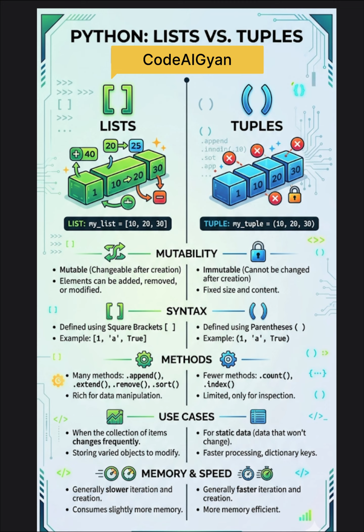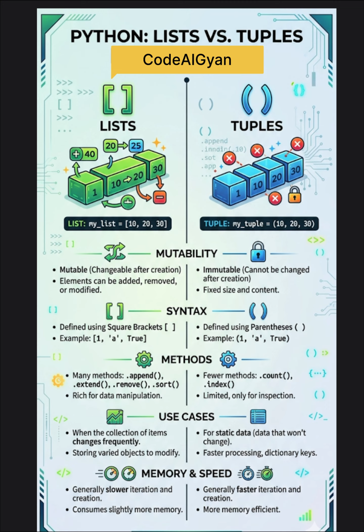Dot count method basically counts how many values we have inside that tuple. And dot index, we can check the index value of that object, or that element, right? So the limitation is that it is only for inspection, because we cannot change the value inside that.